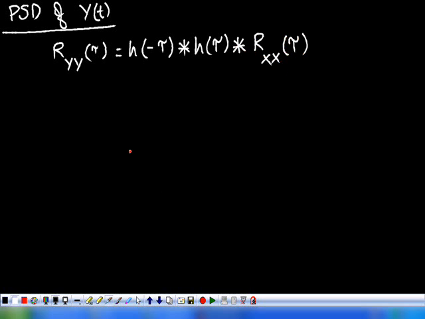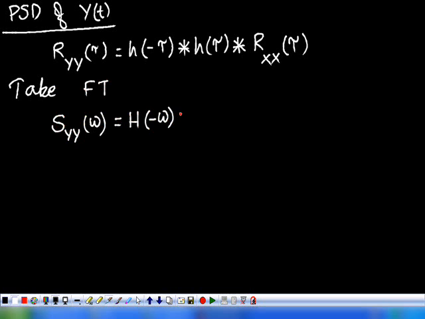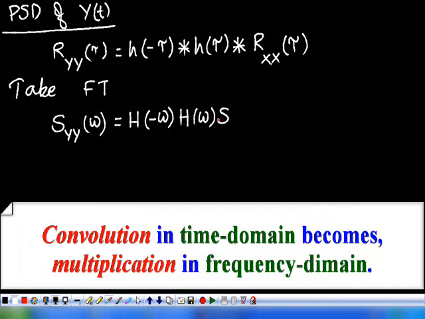So once you know the relation in the time domain, we can obtain the power spectral density of the output random process. So take Fourier transformation. Then you will get Syy of omega equal to, see, the Fourier transform of h of minus tau is H of minus omega, times H of omega. Understood this?